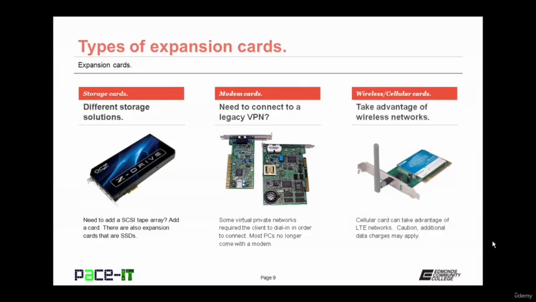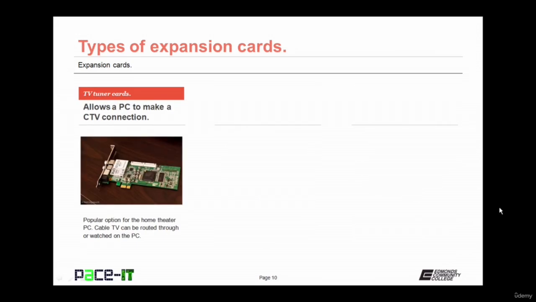There are wireless and cellular network cards. They allow you to take advantage of wireless networks. And a cellular card can take advantage of LTE or 4G networks, although caution, additional data charges may apply. A TV tuner card allows a PC to make a cable television connection.